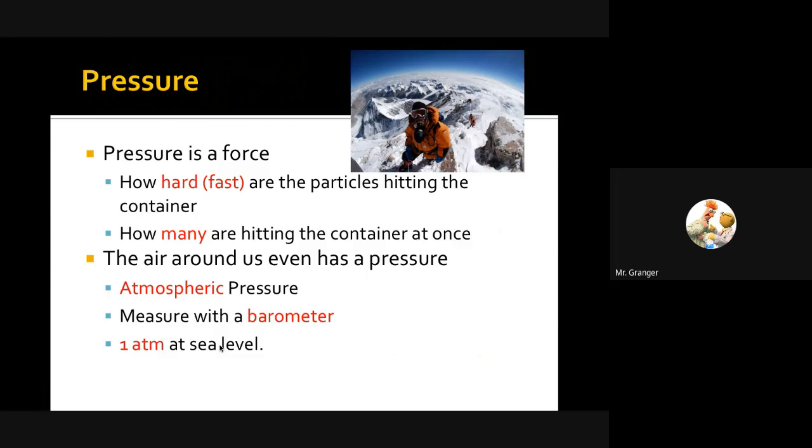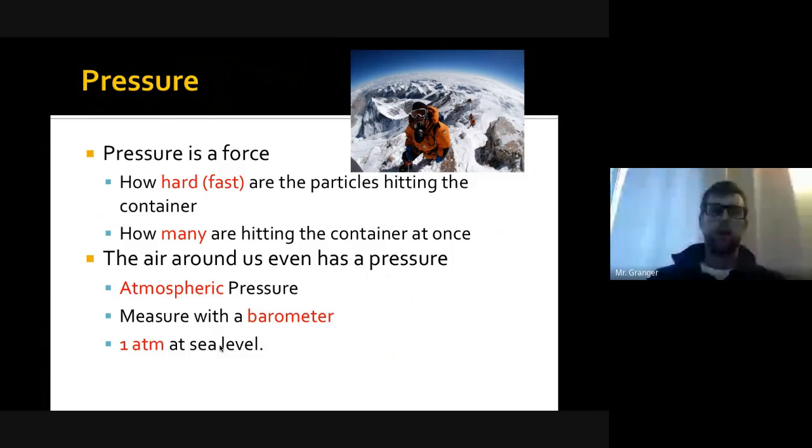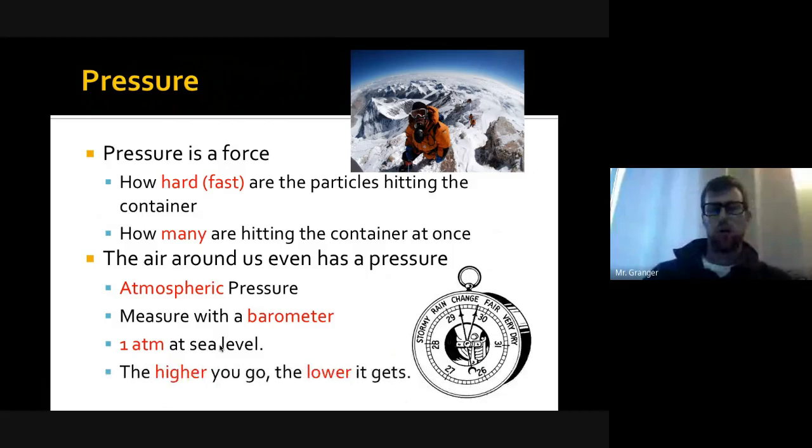So if you go to Denver, for example, the atmospheric pressure in Denver is going to be lower than the atmospheric pressure, say, on the Gulf Coast. So takeaway, remember the higher you go in elevation, the lower the pressure gets.